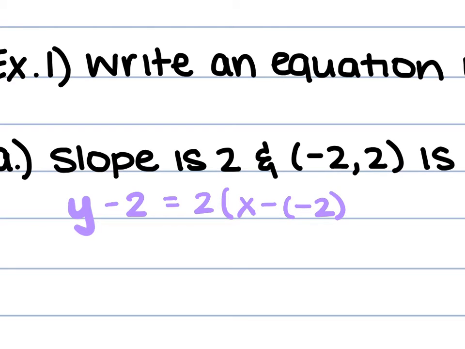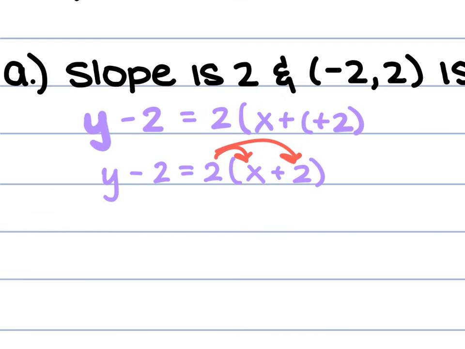From here, we are going to distribute, so the negative becomes positive 2. So y minus 0 is equal to 2 times x plus 2. Distribute the 2 here, and we have y is equal to 2x plus 4. Our whole idea is to get this in standard form, so we want to bring the 2x and the y together.